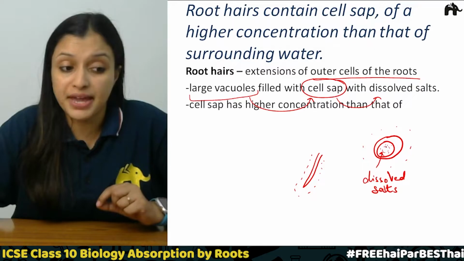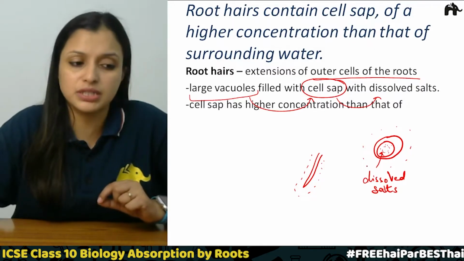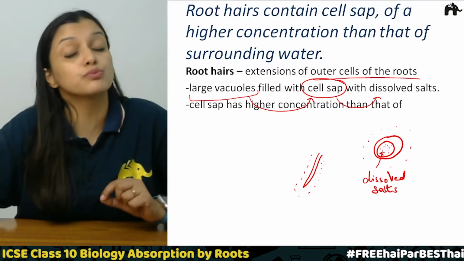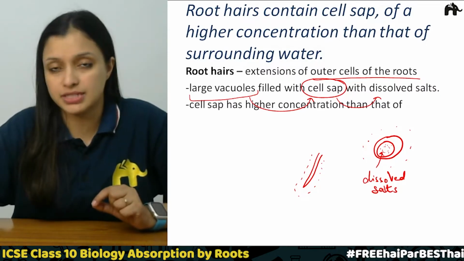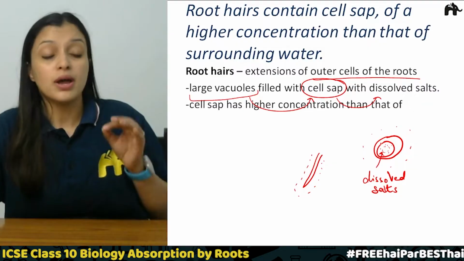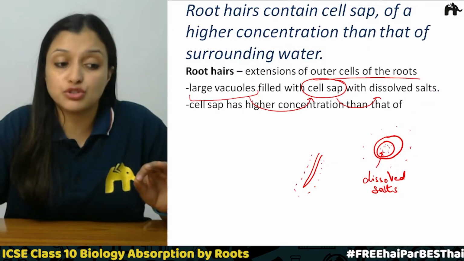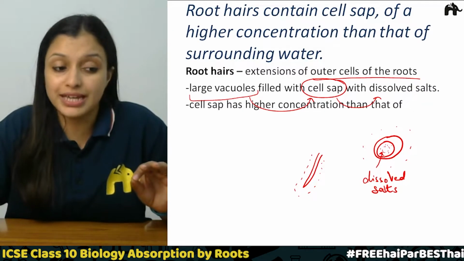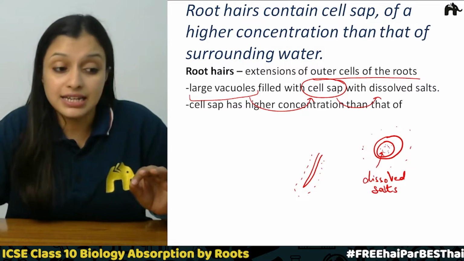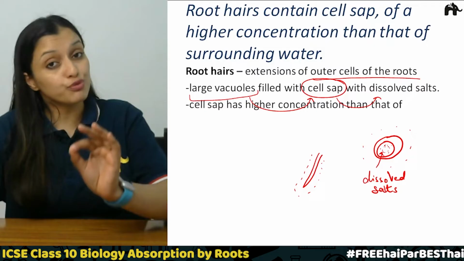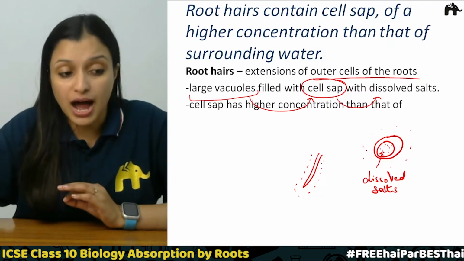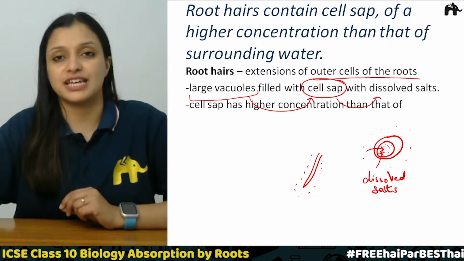So when we compare this cell sap with the surrounding water, the surrounding water has more of the water molecules and less of these dissolved minerals, right? Now the concentration of the dissolved minerals is more in the cell sap and less in the surrounding water. So what will happen? There will be movement of water from outside to inside of the cell, right?